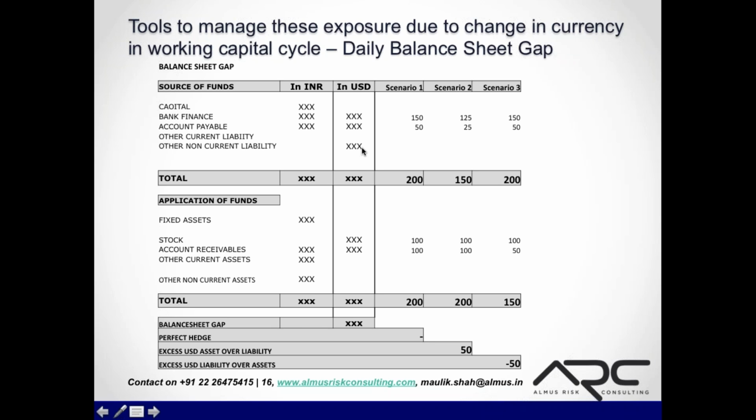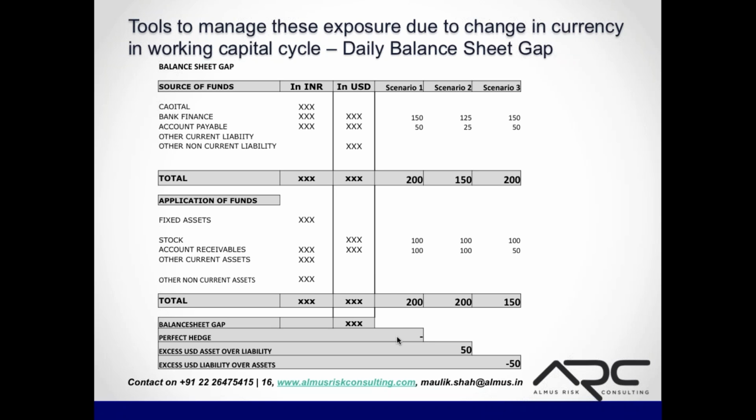There could be some other non-current liability in dollars. On the asset side, stock, which we treat as in dollars, and receivables are in dollars. Once we have arrived at the gap between the dollar liabilities and the dollar assets, that tells us the gap I need to manage.